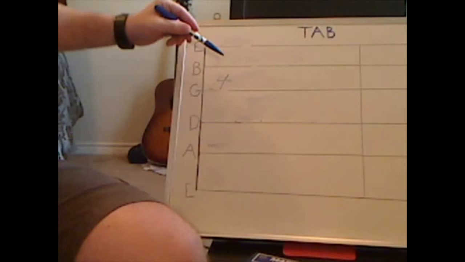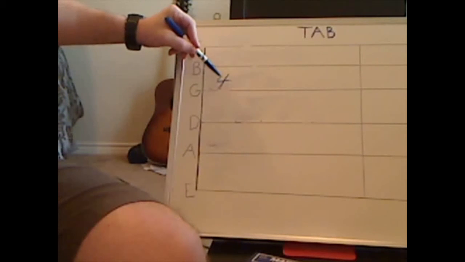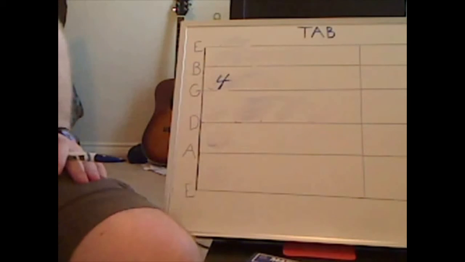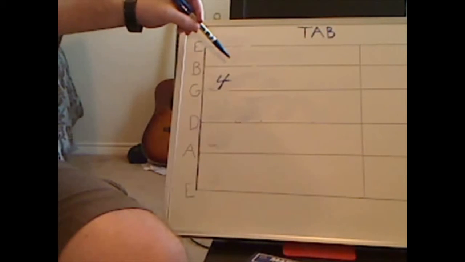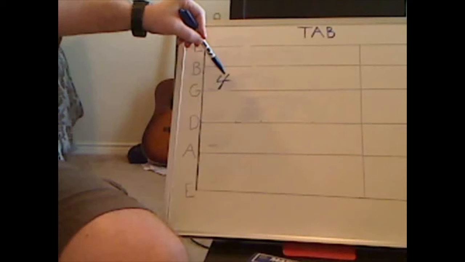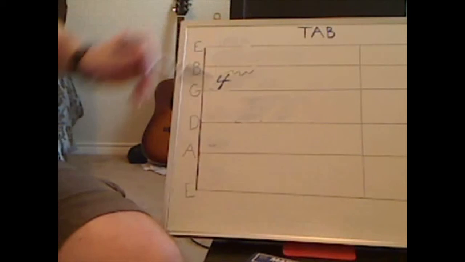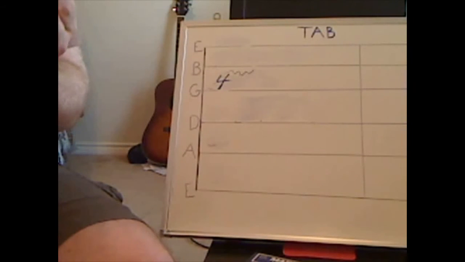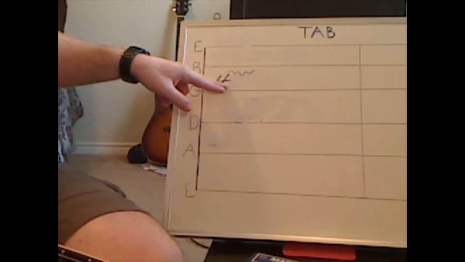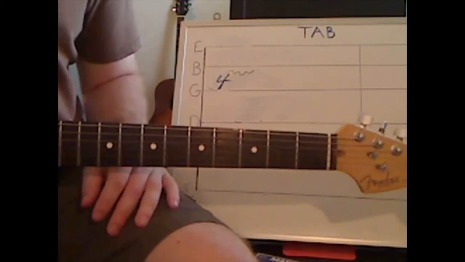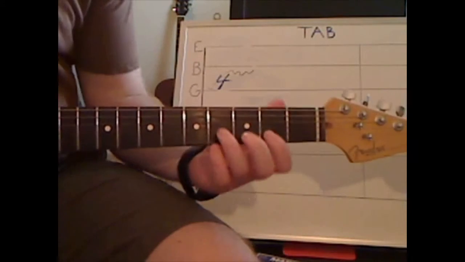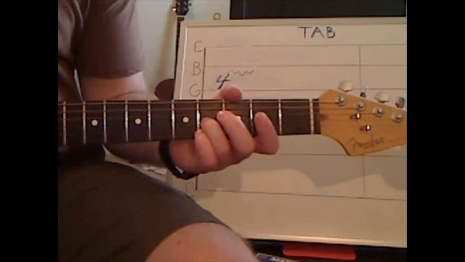When you have long notes, and they don't have to be especially long, but a lot of times they are, the notes sometimes will sound better if you vibrato them. Now that's basically a wiggly line right there.